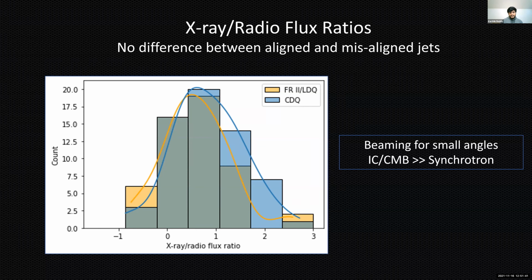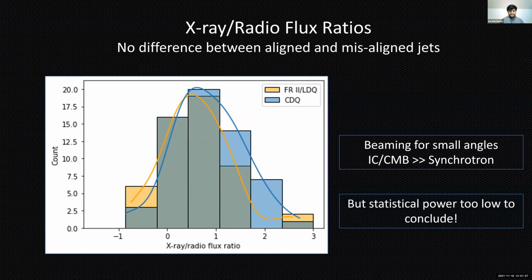So we can expect a difference in the distributions of X-ray to radio flux ratios between CDQs as one group and FR2s, LDQs as one group. But the current data doesn't show any huge difference, but also it's a small sample, so the statistical power is too low to firmly confirm anything.